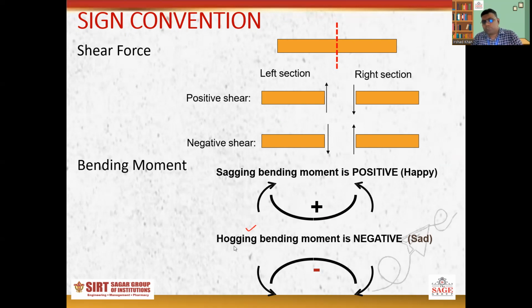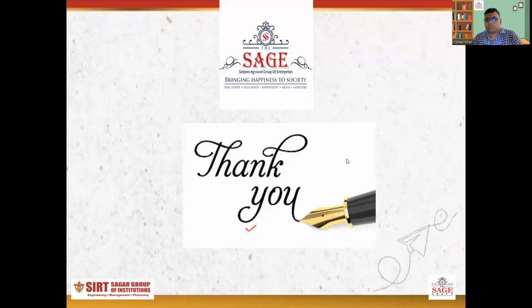And opposite of that, hogging bending moment, where it makes a sad face, will be negative. This is very important, I hope you understood the sign conventions. So for today's class, this is the last one. Thank you so much for listening to this lecture.